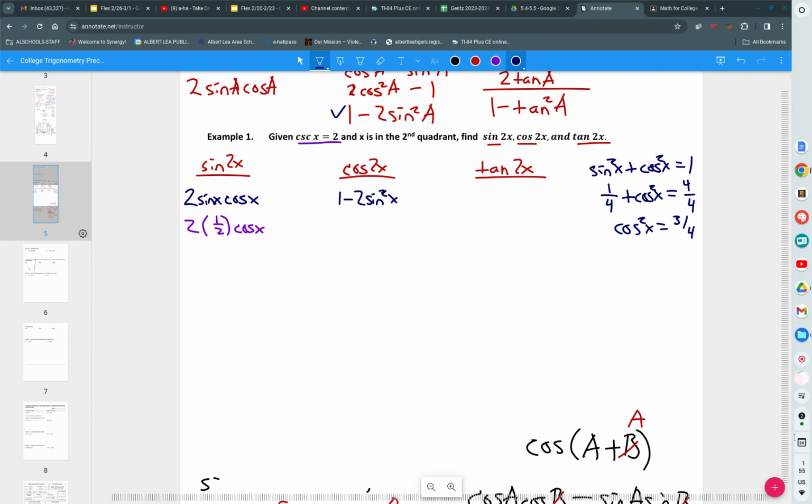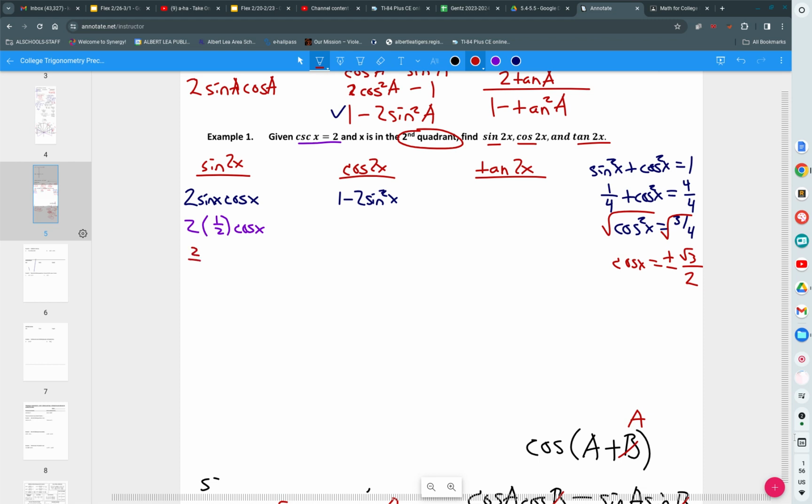Now what? Square root both sides. I have cosine of x is equal to, remember your plus or your minus, the square root of 3 on top, and the bottom is 2. Is it positive or is it negative? Negative. Why? It's in the second quadrant. If you're in the second quadrant, cosine is negative and sine is positive.